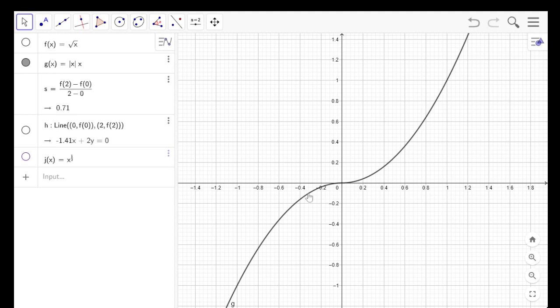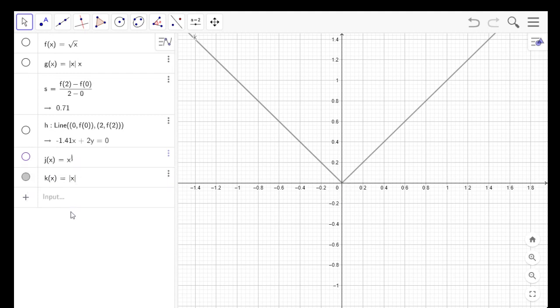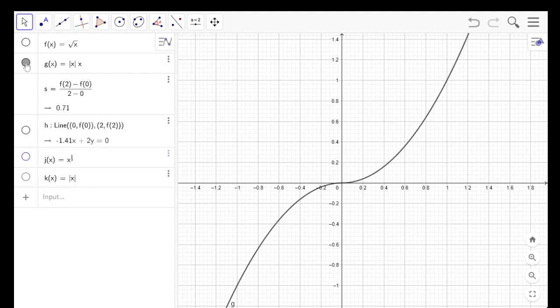Again, not necessarily, right? If I was to put in this function here, let's say, that function's continuous, but it's not differentiable because it's got a corner, right? So we need to be careful.